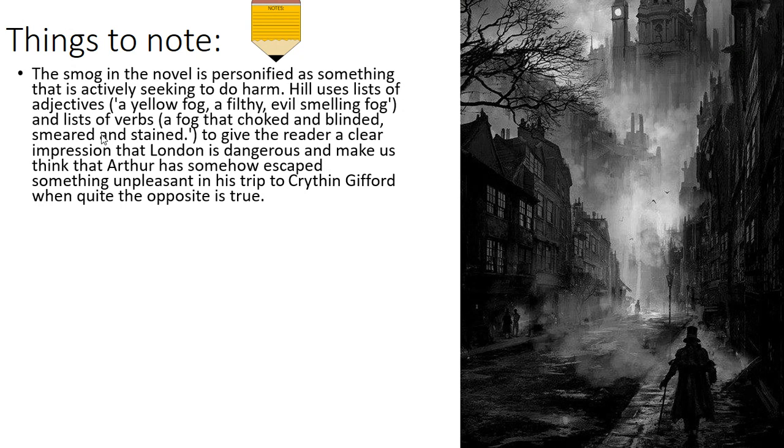These are contributing factors, but the smogs of London in the 1800s and early 1900s were actually physically dangerous for a number of reasons. Number one, they could be so filthy and heavily laden that anyone with any form of respiratory disorder could be killed by them. And they were dangerous for another reason. They literally occluded your sight to the point at which you couldn't see physical dangers on the streets.